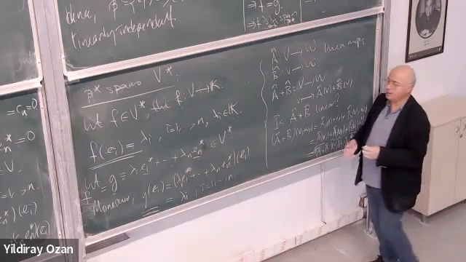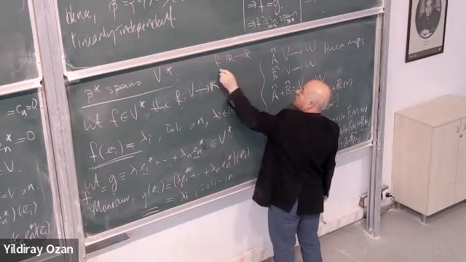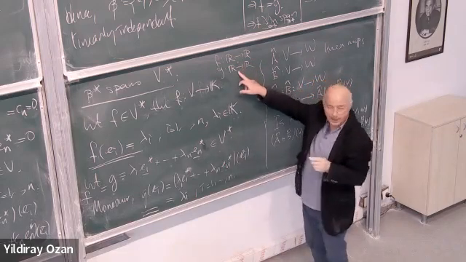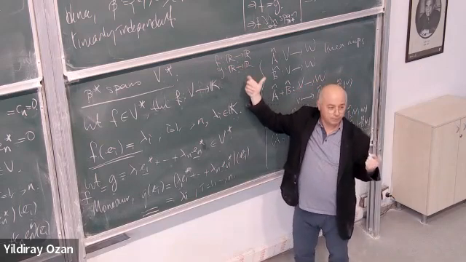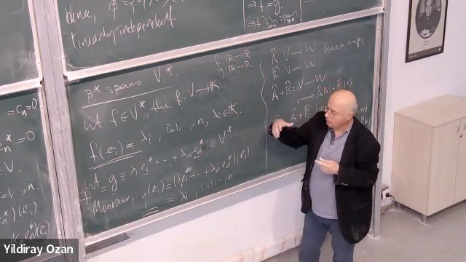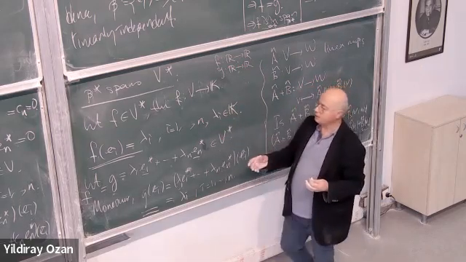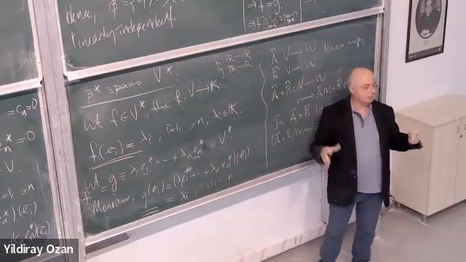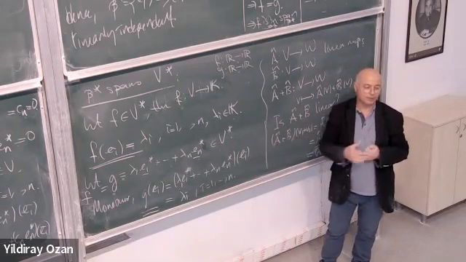Normally, in general, if you have two functions from R to R, how can you check whether they are the same or not? You have to check that these are the same at all real numbers, uncountably many. But in case of linear maps defined on a vector space, you just check them on a set of basis vectors, usually finitely many elements. Okay, that's the power of linear algebra.